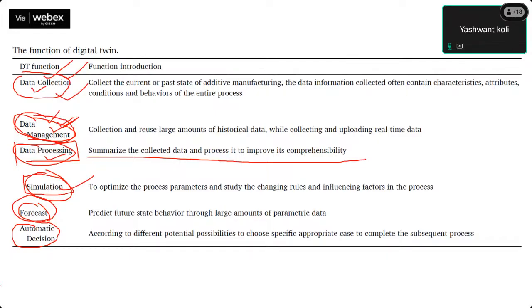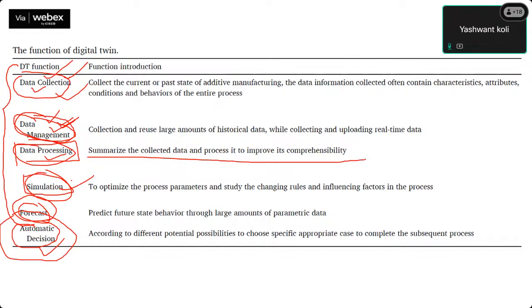And the last is automatic decisions. It is the most challenging and critical layer, because if we have done everything, collection, management, data processing, simulation, forecast, the last step is decision making. It's a challenging situation.